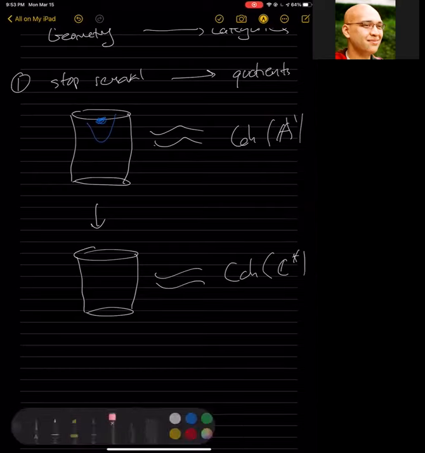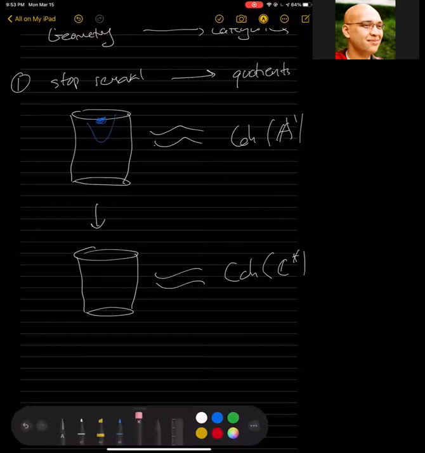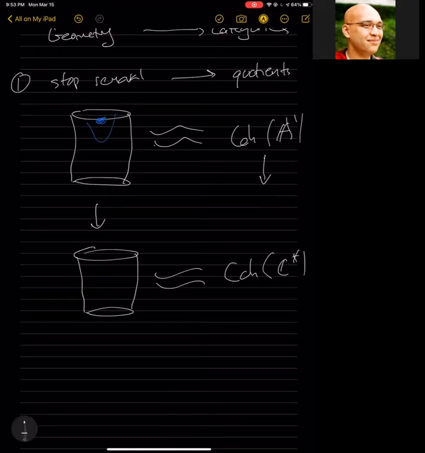So the general theory tells you that stop removal transforms this to coh A1 mod whatever is generated by the linking disk. Remember that the linking disk was the structure sheaf at the origin.